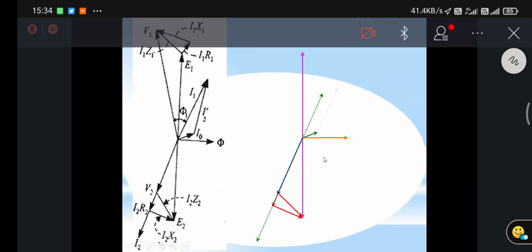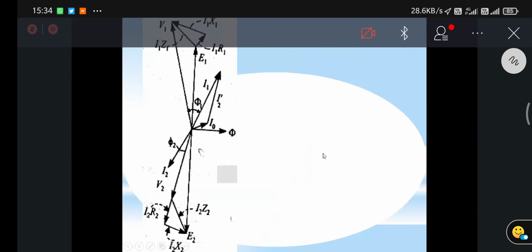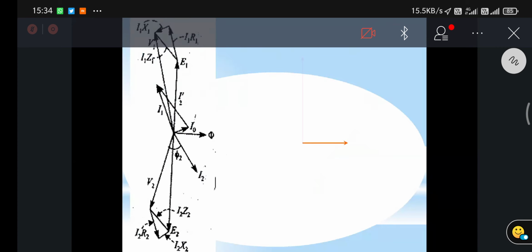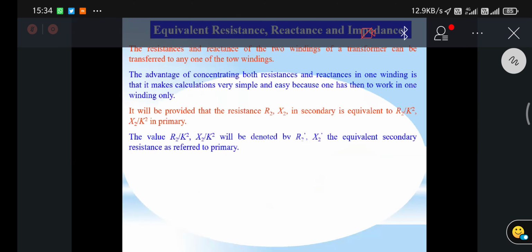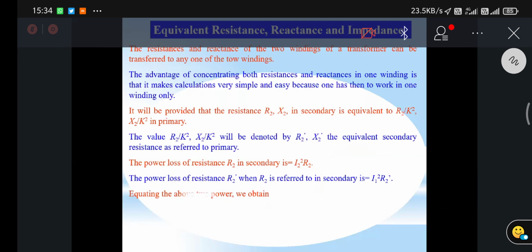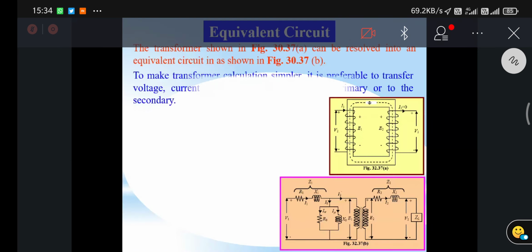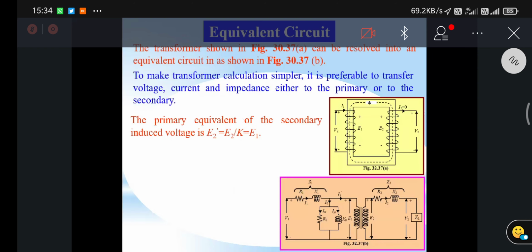So please don't miss the class. Next class is an important class. This is the most important equivalent circuit, so next class we'll discuss.